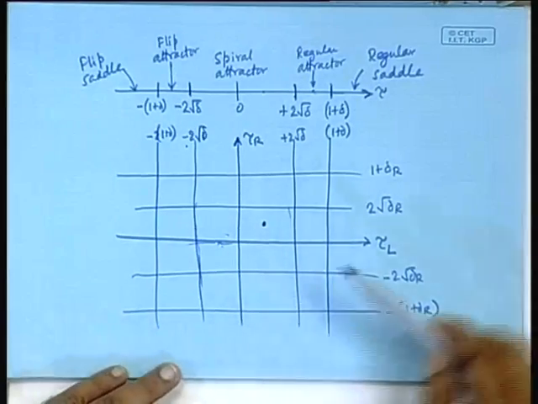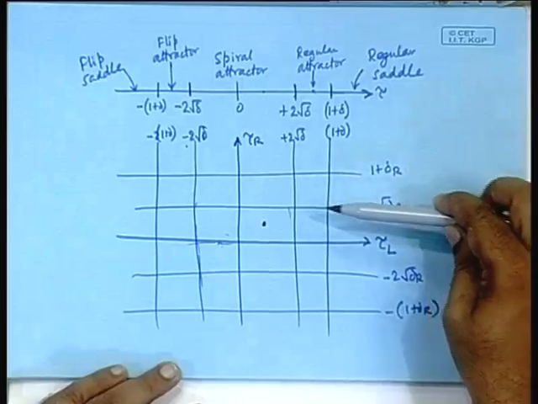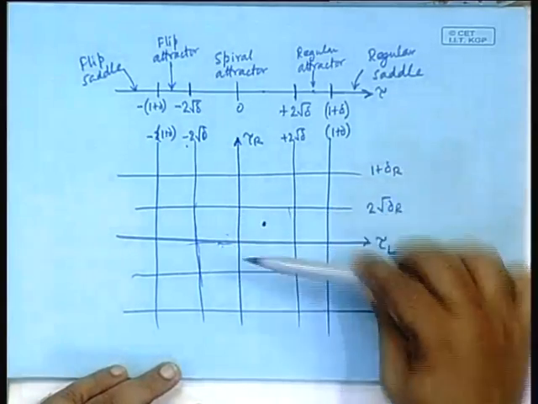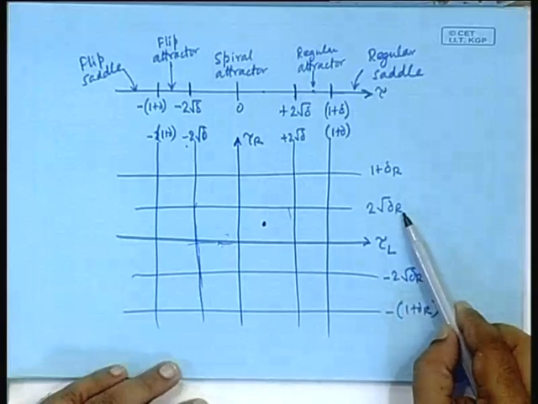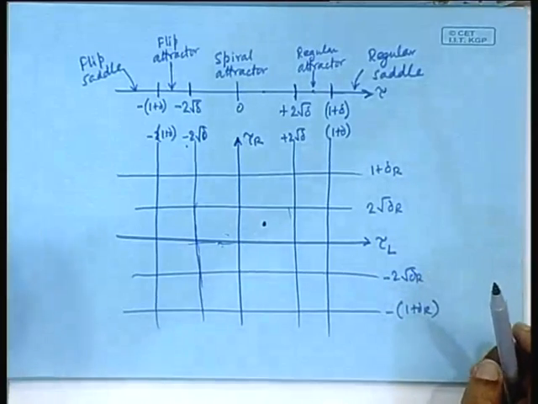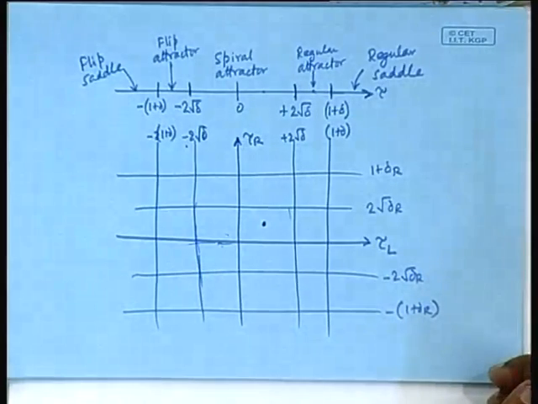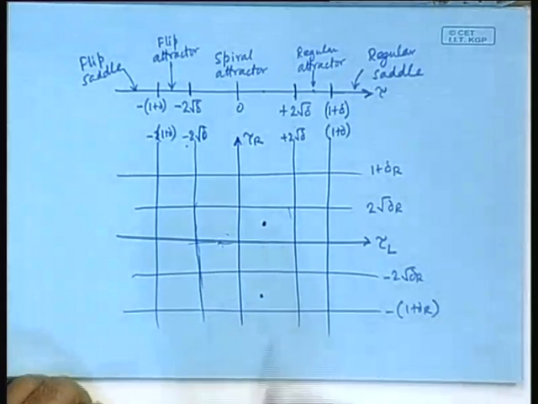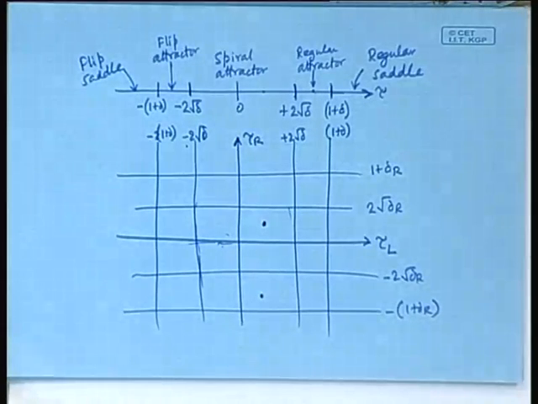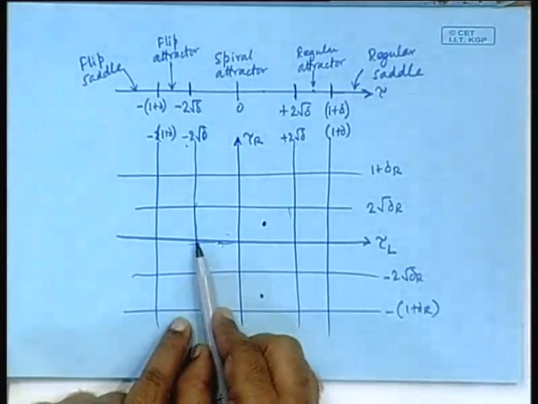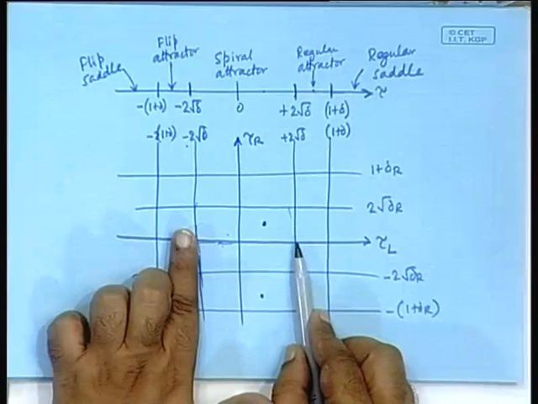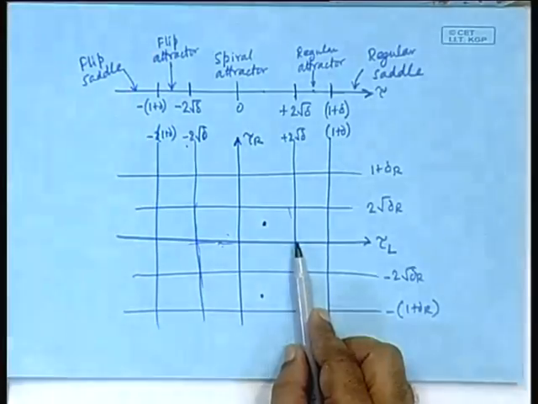Okay. While it has gone to the right hand side, what is its character? It is here as compared to this. It is again minus 2 root delta to plus 2 root delta. That means, a spiral attractor remaining a spiral attractor. Similarly, if I put my pen here, what would it mean? As far as the trace in the left hand side is concerned, it is between minus 2 root delta to plus 2 root delta, means it is a spiral attractor.